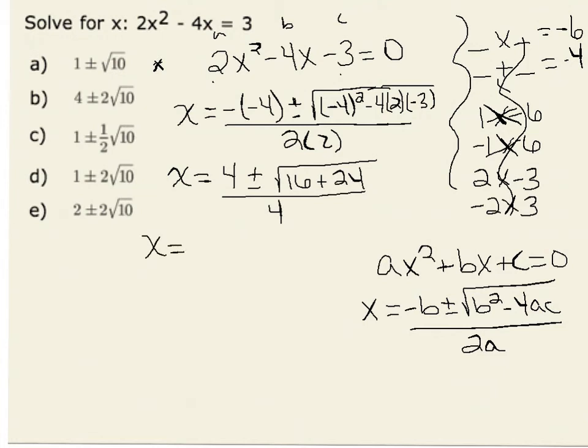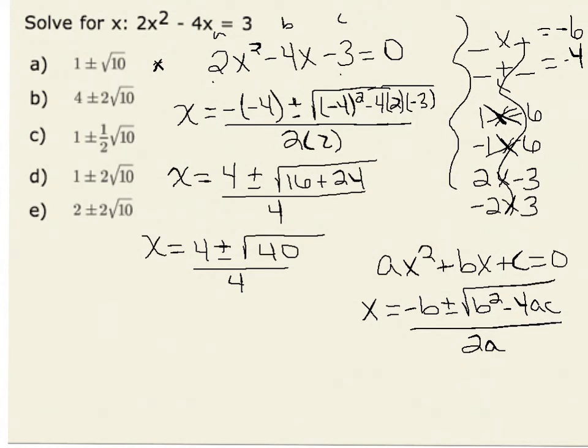Now I have x is equal to 4 plus or minus the square root of 16 plus 24, which gives me 40, all over 4. I now have to simplify the square root of 40 because there is a perfect square under the square root.